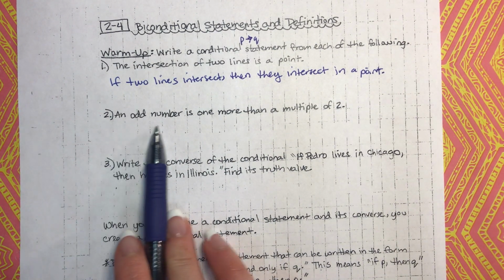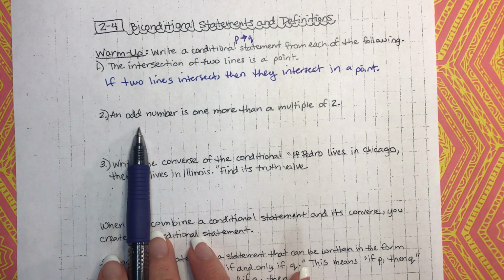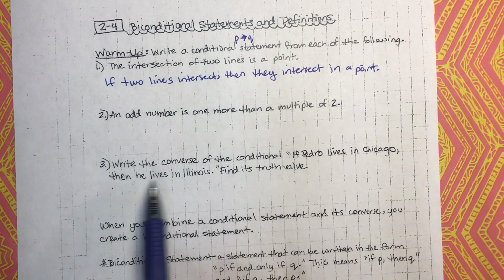The next one says an odd number is 1 more than a multiple of 2. So for this one, we have an odd number, right? And then the second piece would be 1 more than a multiple of 2. So what are we talking about? We're talking about a number.